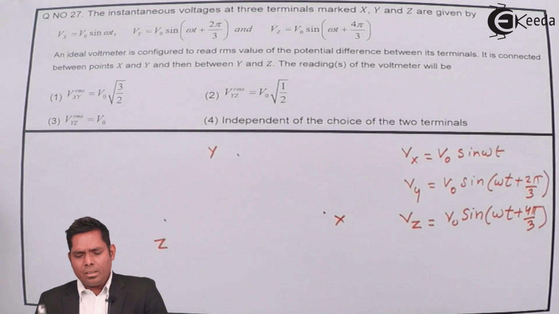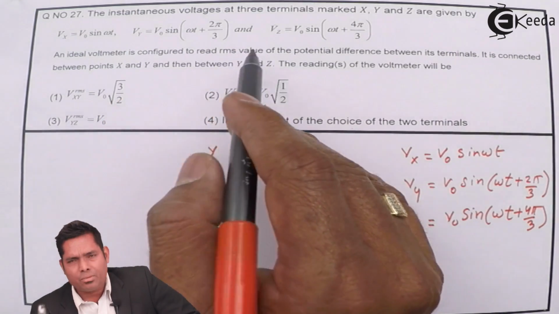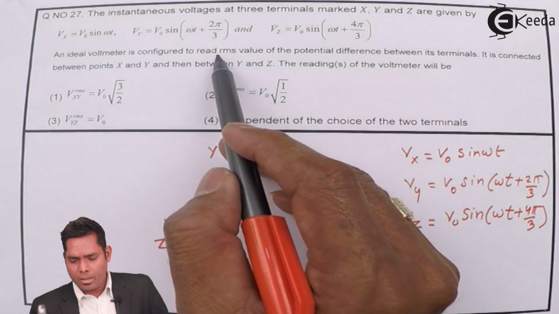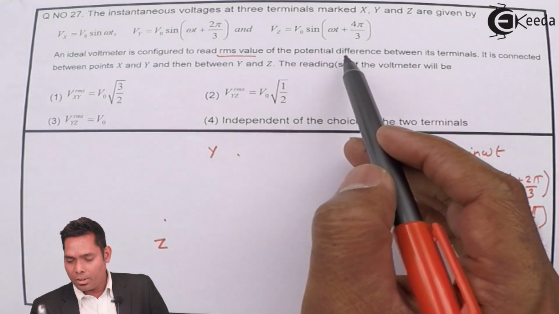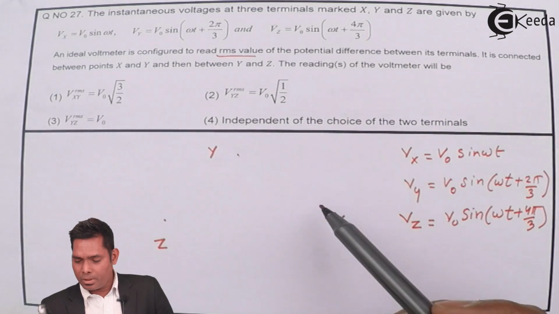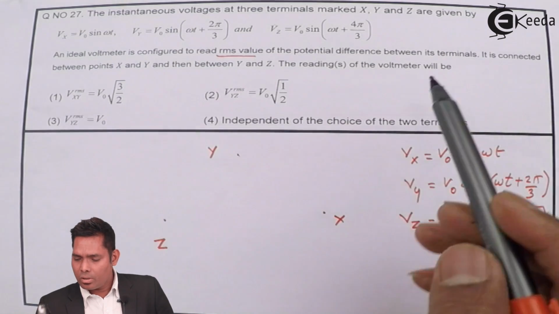Now an ideal voltmeter is configured to read RMS value. So that voltmeter reads the RMS value of the potential difference between its terminals. Between its terminals means you can connect XY, YZ or ZX.